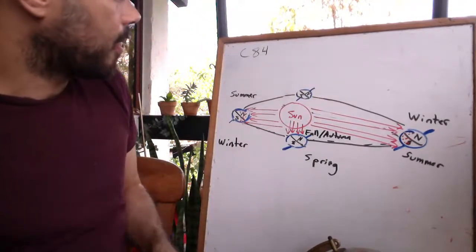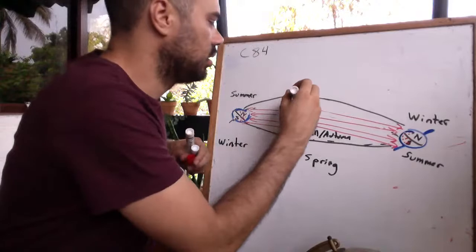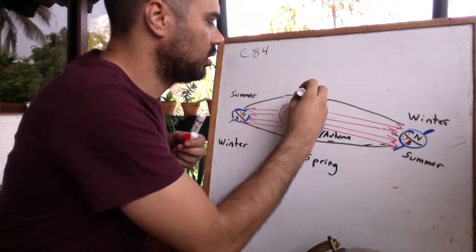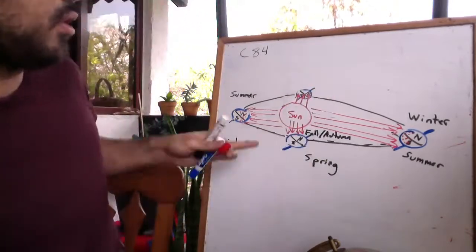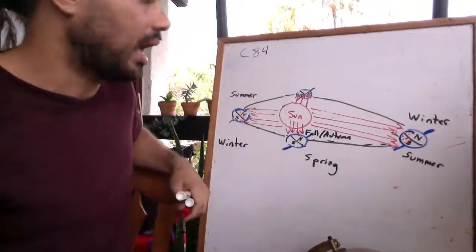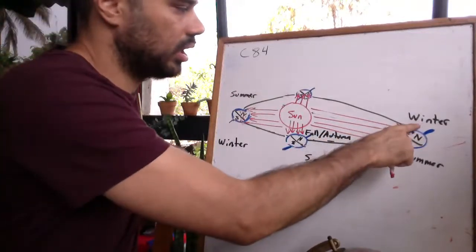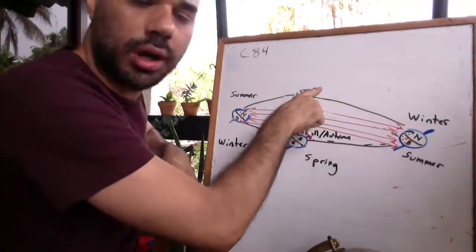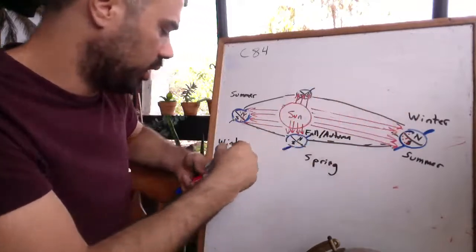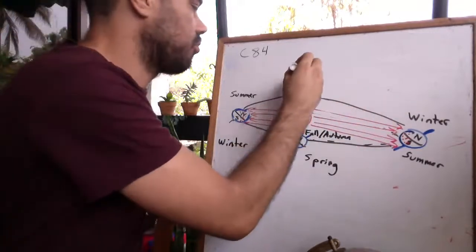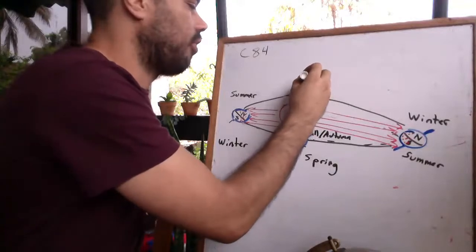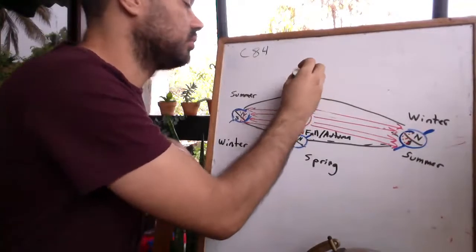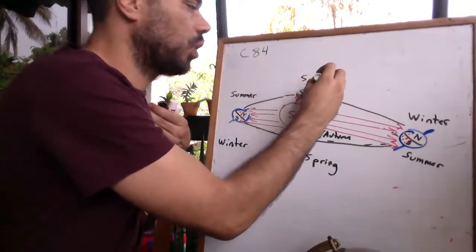And now, as we can see, the northern and southern hemisphere are almost receiving the same amount of light, but the northern hemisphere is receiving more light than it did in winter. So on the northern hemisphere, we have fall. I mean spring, and this is what we are having right now.